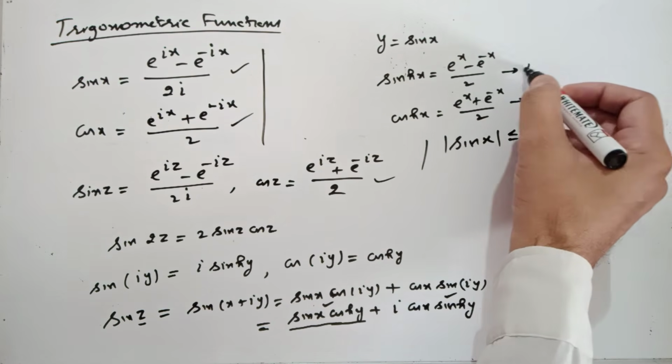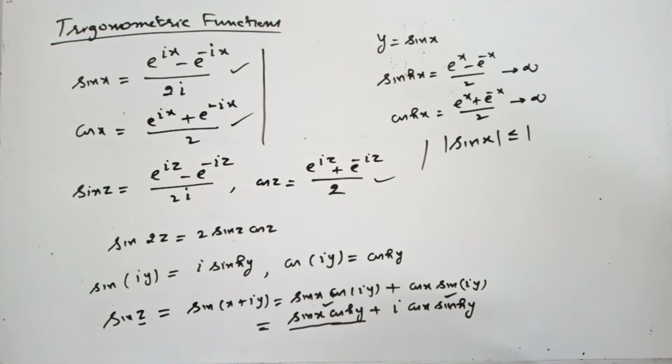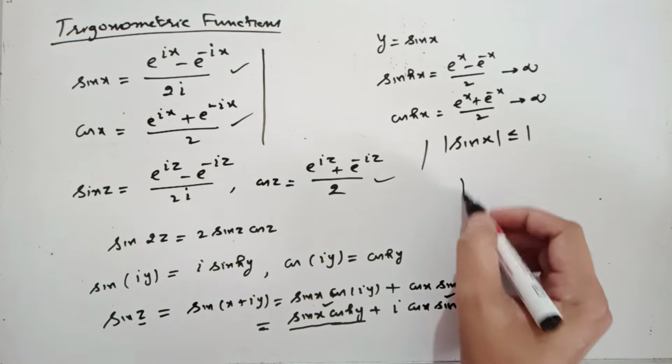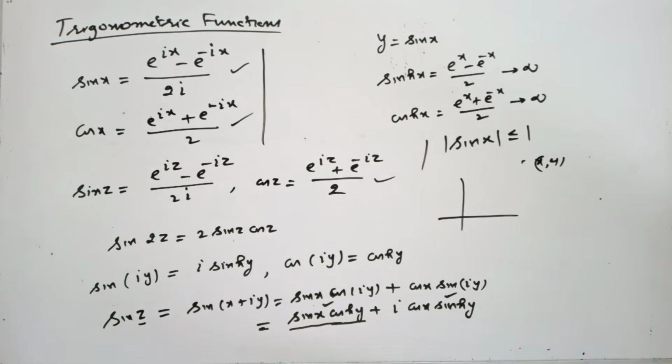Cos hyperbolic y, hyperbolic functions tend to infinity here. You can see as x tends to infinity, both these functions tend to infinity. So cos hyperbolic y goes to infinity as y tends to infinity. And in the complex plane, this xy point can be anywhere. So that's why this is not bounded, it means sin z is not bounded.